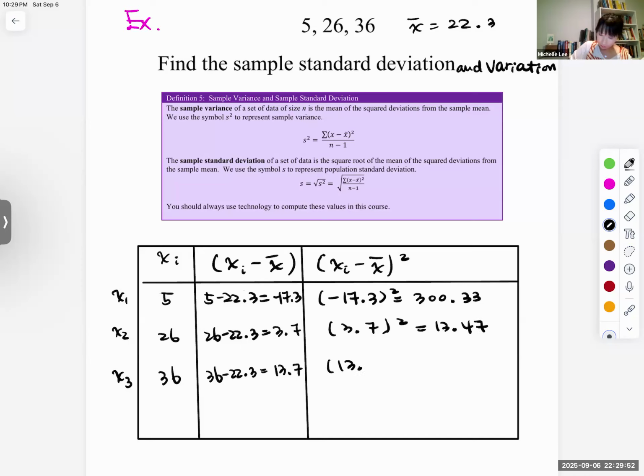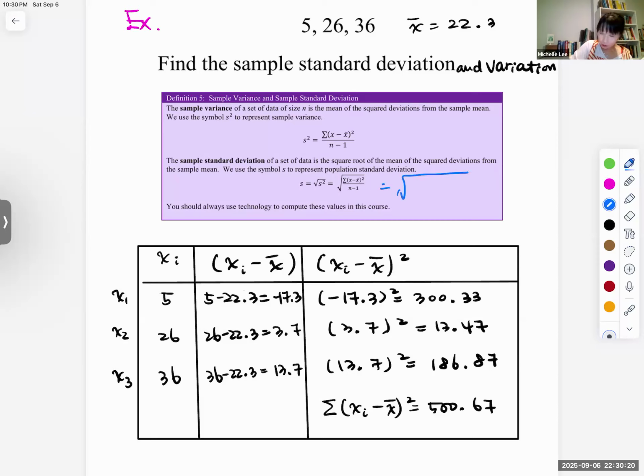We have 13.7 squared, 186.87, right? Okay, we finished that. Now we want to make a sum. Can you add everything up here? All right, so we get 500.67.